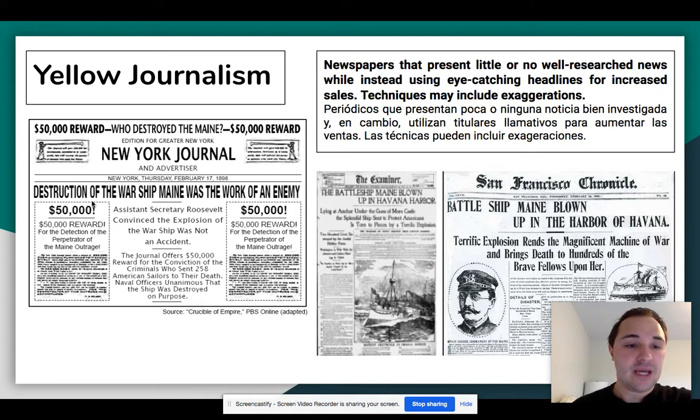Now, what they did is you could read the headlines here that they destroyed the warship Maine, and it was the work of an enemy. Battleship Maine blown up in the harbor of Havana. So there was very little information that was true, but it was exaggerated to have the people believe certain facts and information in a certain way.